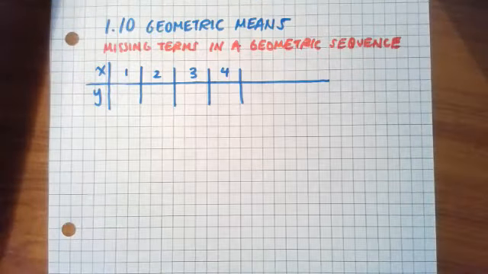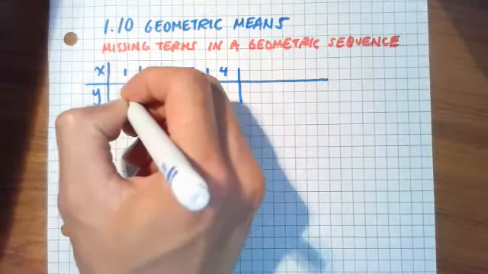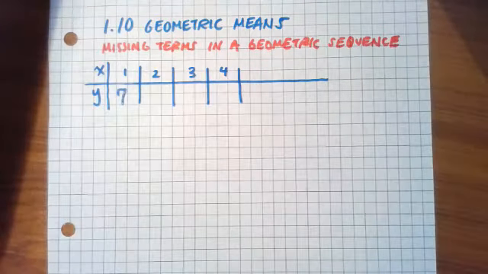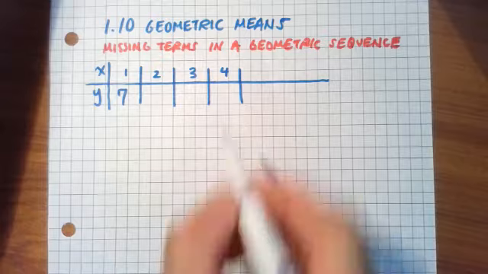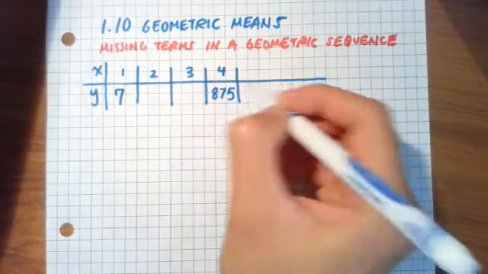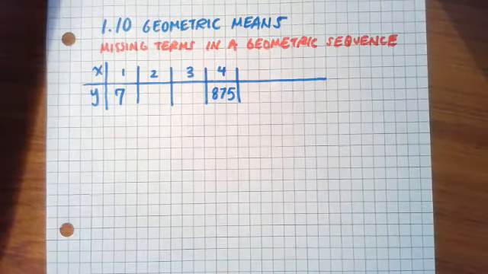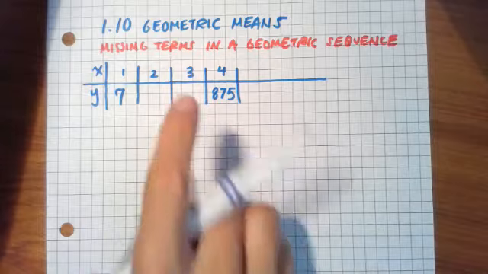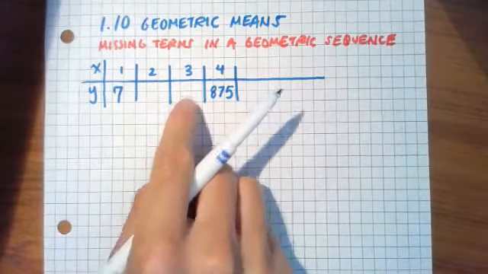When x is 1, y is going to be equal to 7. And when x is 4, y is going to be equal to 875. There are a couple different ways that you can figure out what the geometric means in this sequence are, what these missing terms are.